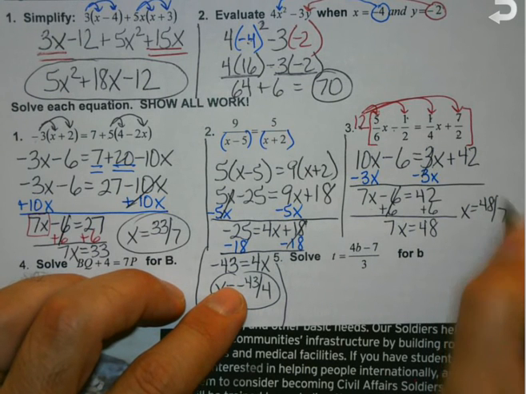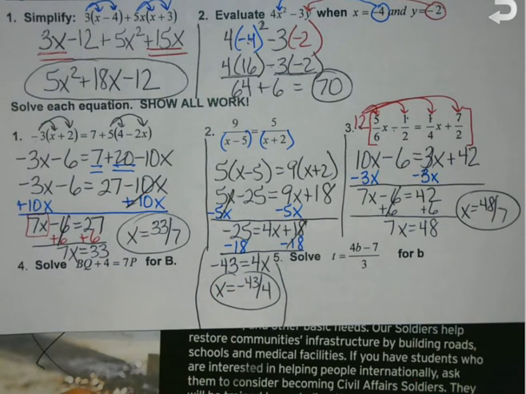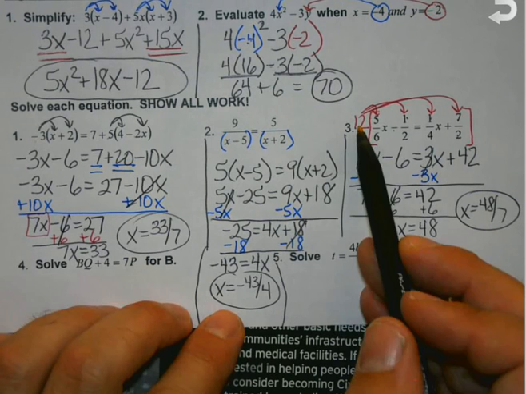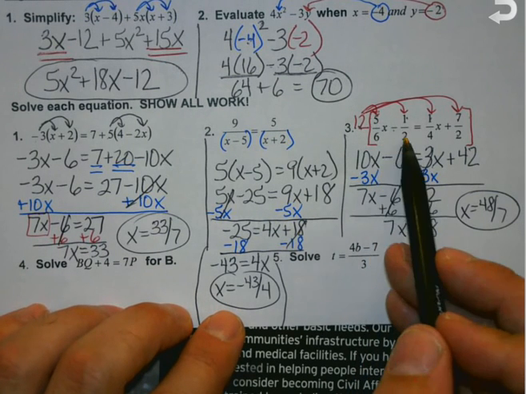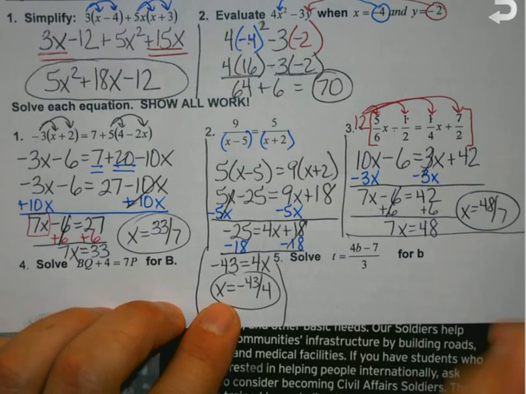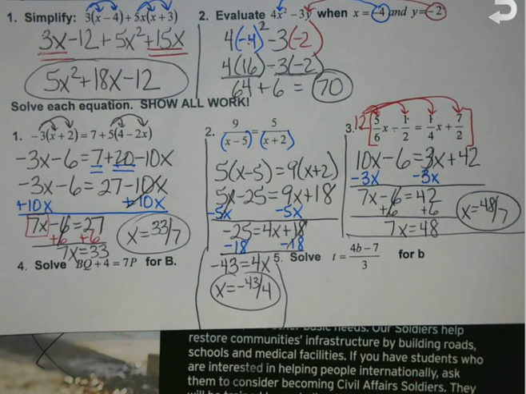Sometimes they do not come out nice. But just keep reminding yourself on the fractions: multiply the numerators by your LCD, and then divide by the denominator all the way through. That'll get you to the right answer on those.